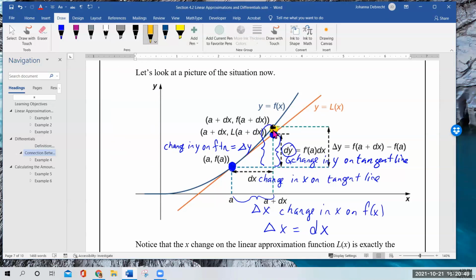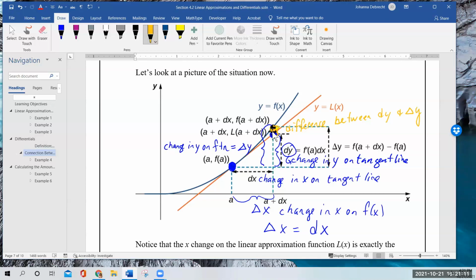This distance right here, from there to there, is the difference between dy and delta y. They're a little off from each other.